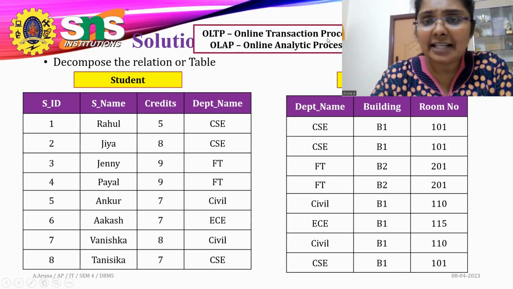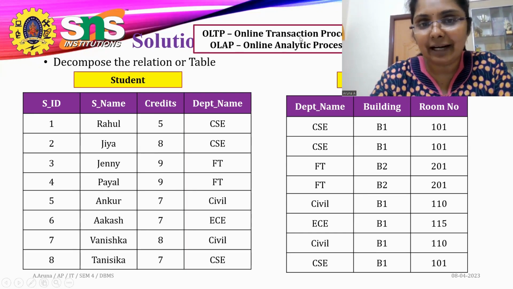In transaction processing, transactions can take place from time to time, minute to minute, second to second. So definitely I can't do all the updation in one table. In this case, we need to decompose the relation. The other one is analytical processing.